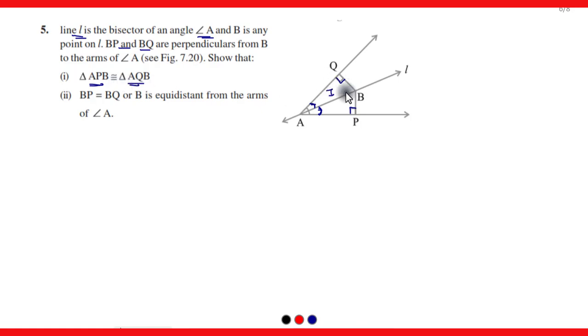This triangle AQB first and this triangle APB, this is the second. These two triangles are congruent, that we have to show, and then we have to show that BP is equal to BQ. This is BP is equal to BQ, or B is equidistant from the arms of angle A. Now let us prove that.